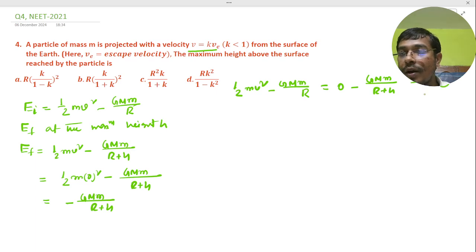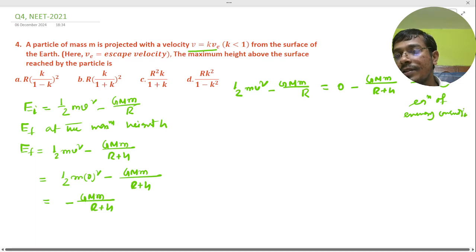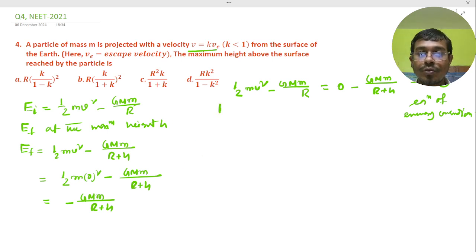This is the one equation of energy conservation. So just put the given value v equal to k v e.